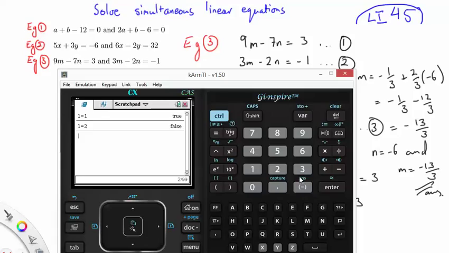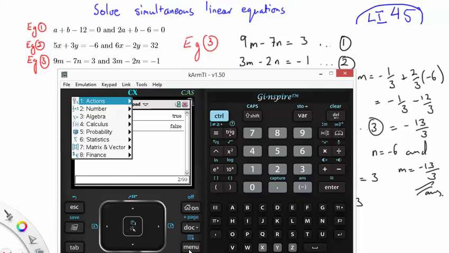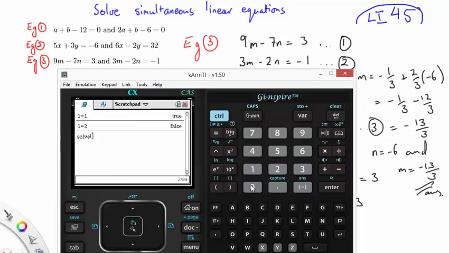Another thing it can do is it can use something called the AND function. So it's to do with logic, if you're wondering where it comes from. But I'm going to show you how to use it. What you do is you go to solve, and you write your two equations. So you write 9m minus 7n equals 3.